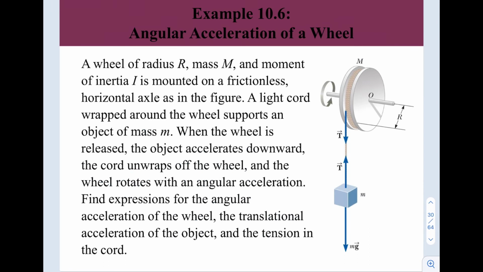Right, example 10.6, angular acceleration of a wheel. A wheel of radius r, mass m, and moment of inertia I is mounted on a frictionless horizontal axle as in the figure. A light cord wrapped around the wheel supports an object of mass m. When the wheel is released, the object accelerates downward.